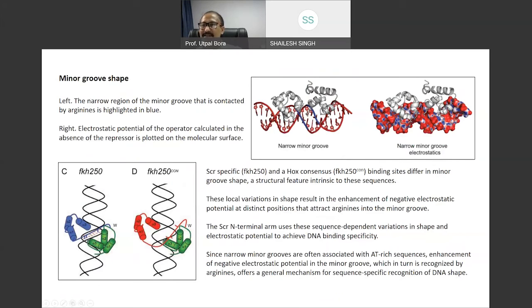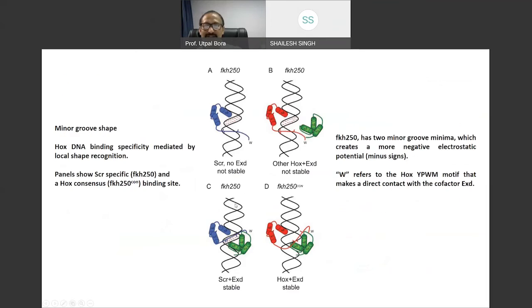You can see over here the narrow region of the minor groove that is contacted by arginines is highlighted in blue. On the right, you see the electrostatic potential of the operator calculated in the absence of the repressor, and this is plotted on the molecular surface.